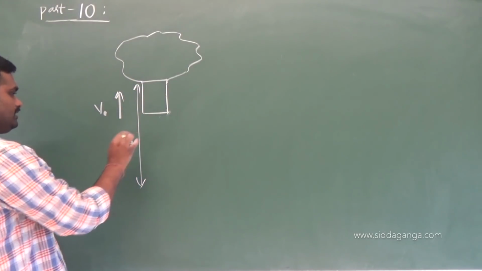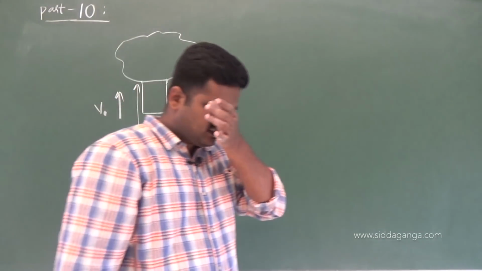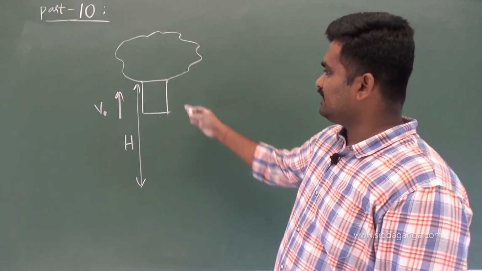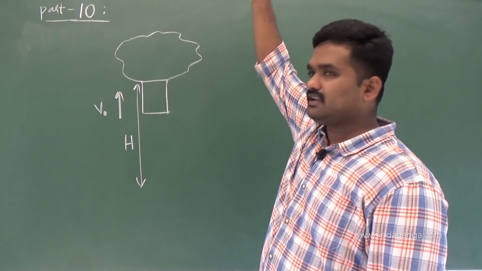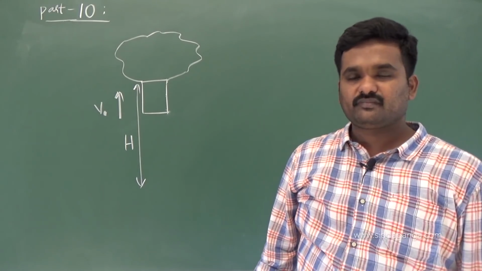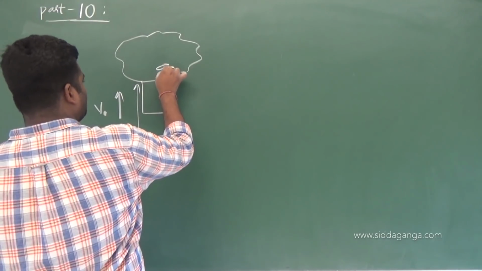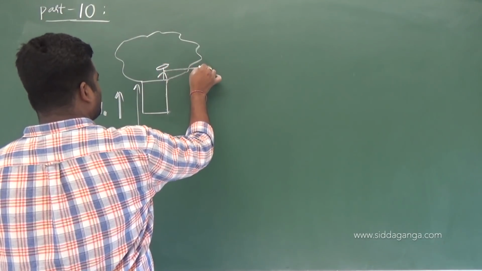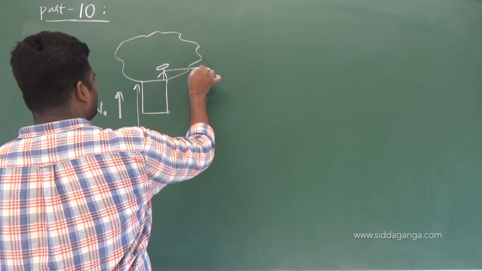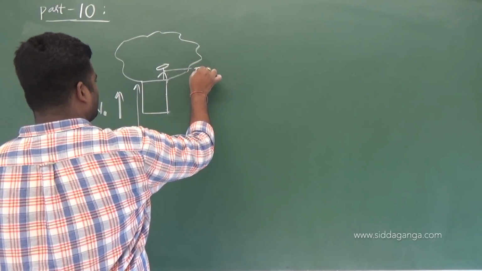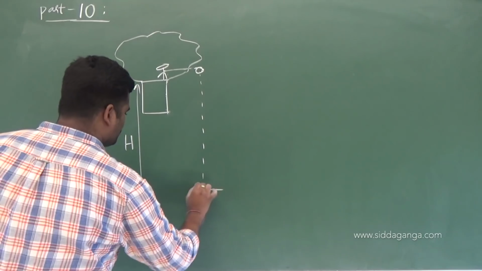It is not at rest, it is moving up with a velocity of V naught. Now a person who is sitting in this hot air balloon is trying to drop a stone from it so that it reaches the ground.